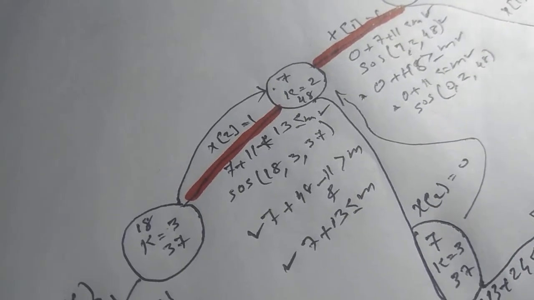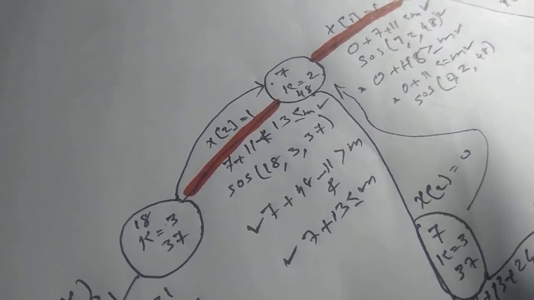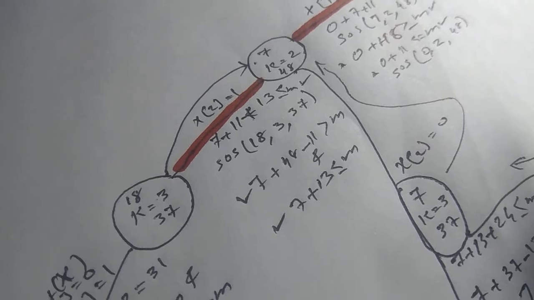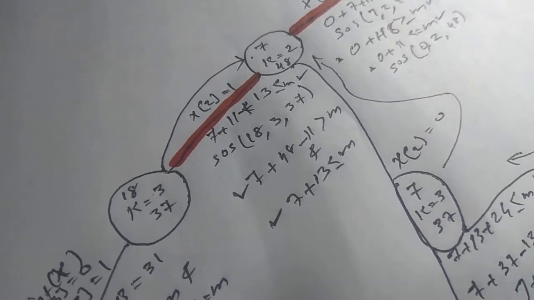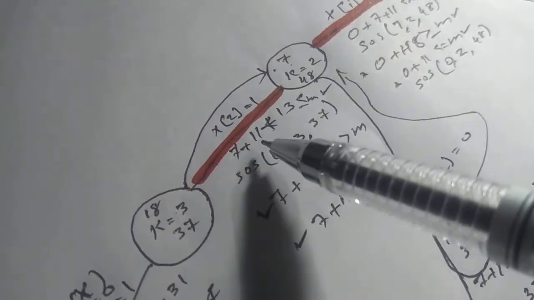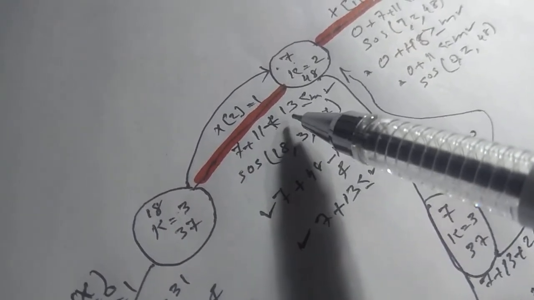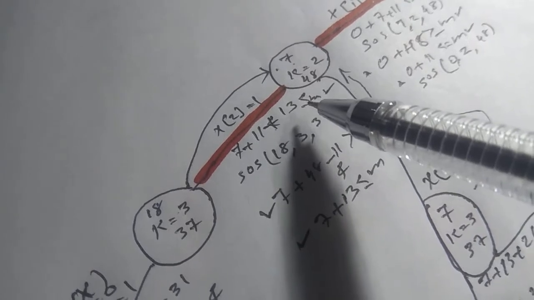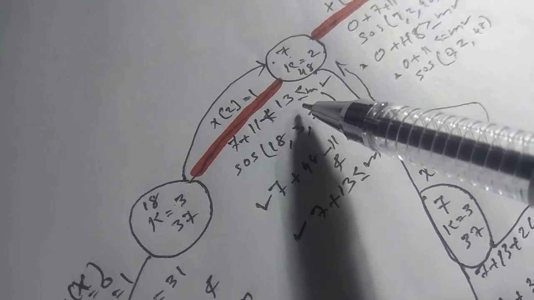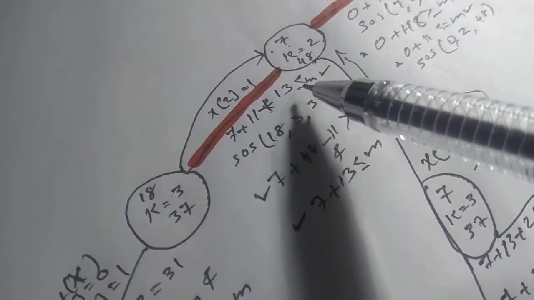No, it is less than m. Then it has to do the else part, that is sum plus wk plus wk plus 1. The sum is 7, sum plus wk, w2 is 11, plus wk plus 1. It is less than or equal to m. Yes, it is less than or equal to m. You are getting 31, less than or equal to m.